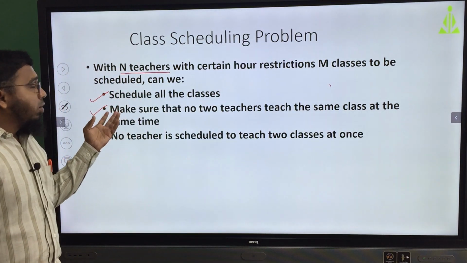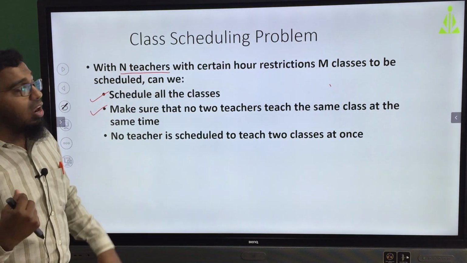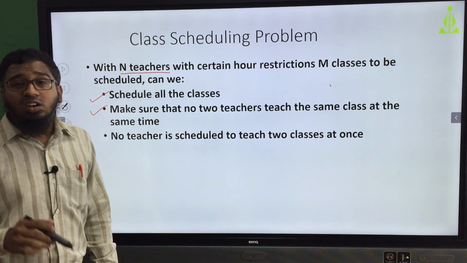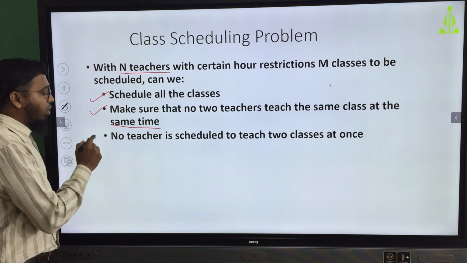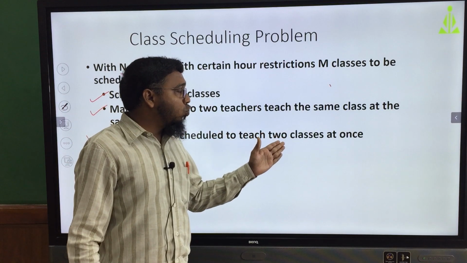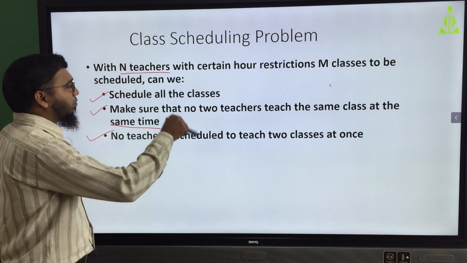Okay, because as you see in your timetable, it is the same thing in the class scheduling problem: no two teachers teach the same class at the same time. No teacher is scheduled to teach two classes at once. Okay, this is not possible.